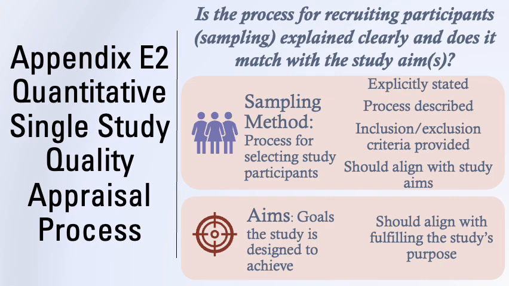The study's aims are the goals that the study is designed to achieve in order to fulfill the study purpose. If the study is looking to make broad generalizations, then a random sample from a large population is necessary. If the study is a smaller scale pilot study or unit level quality improvement project, a convenience sample would be appropriate.